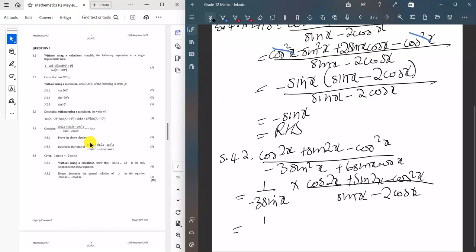Now what I am saying is that, guys, you were able to prove that this guy is negative sine x, isn't it?